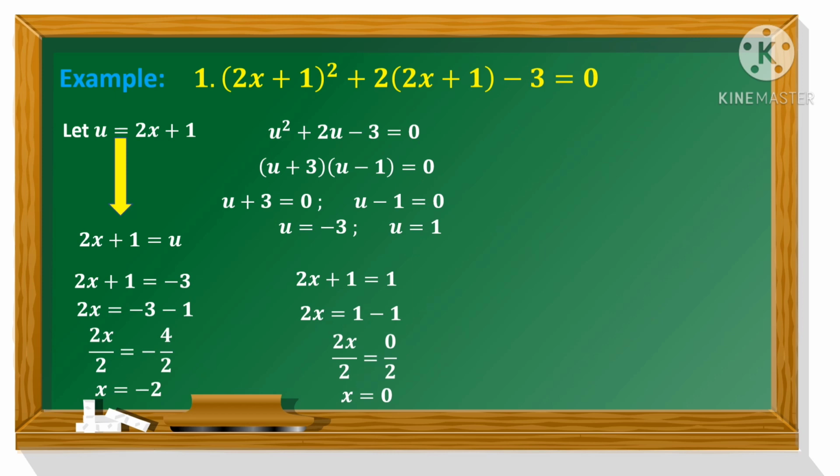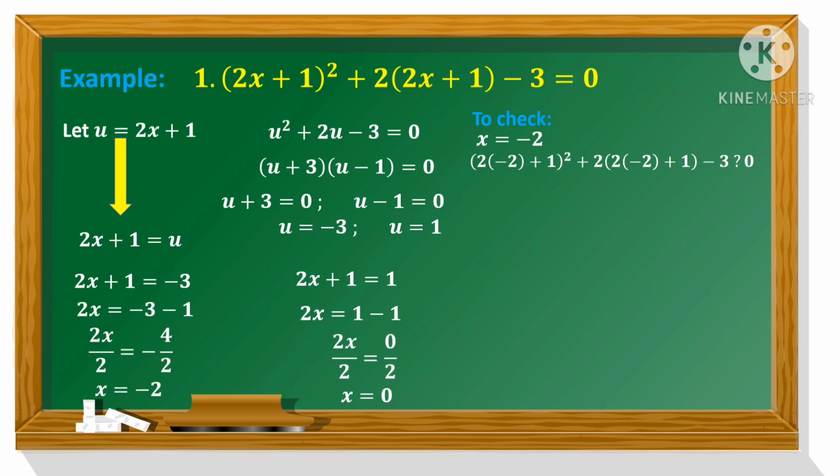So we are going to verify if negative 2 and 0 are the solution set of the given equation. Let us verify negative 2 first. If our x is negative 2, meaning we'll replace all the x by negative 2. If we are able to balance the equation, then we can say that negative 2 is one of the solution set.